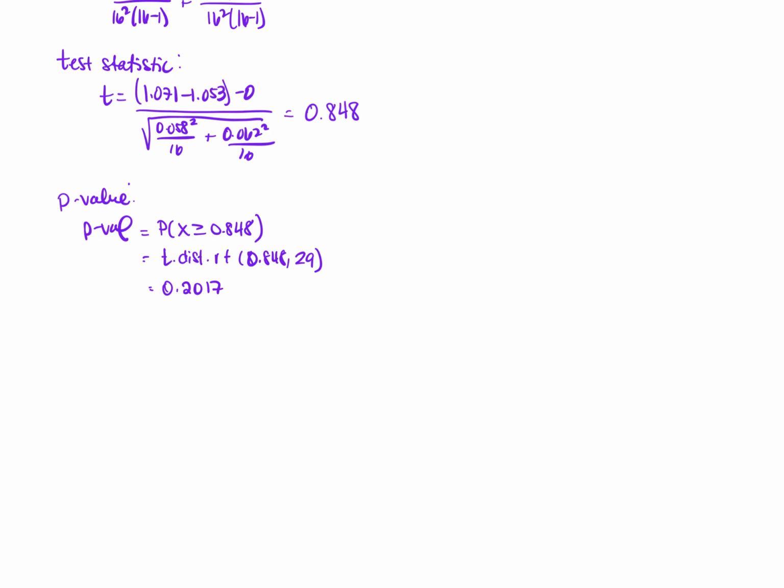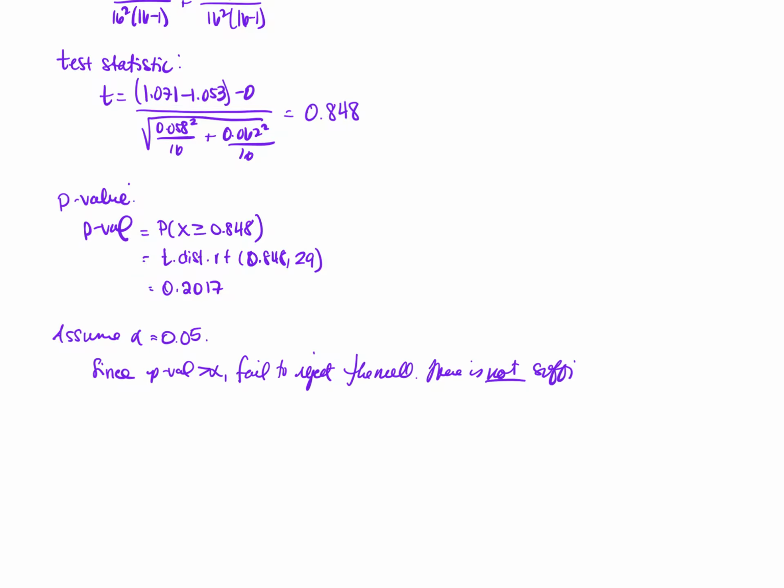And if we assume alpha of 0.05, because if I ever forget to give it to you, just assume it's 5%. It's 0.05. So we would say, since our p-value is greater than alpha, we would fail to reject the null.